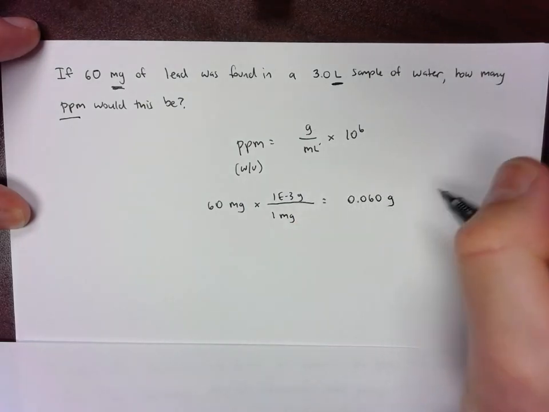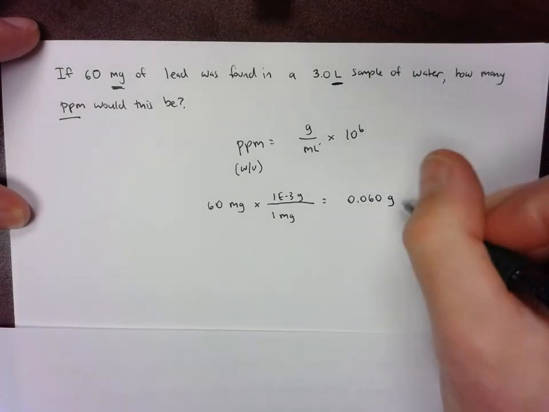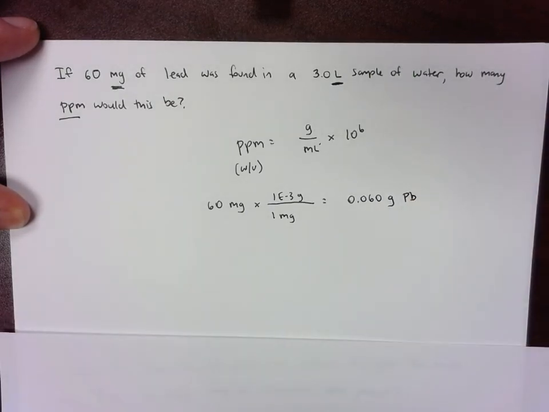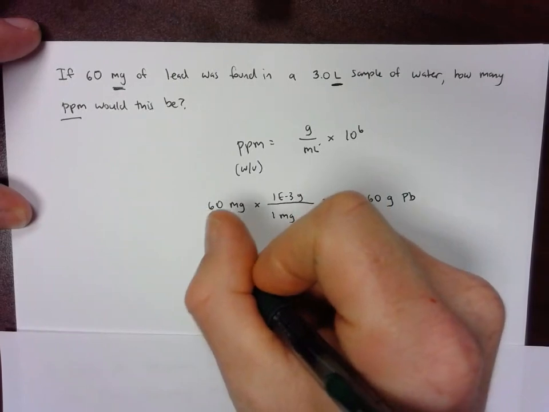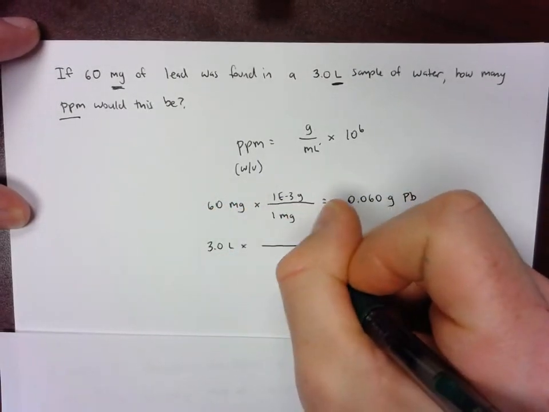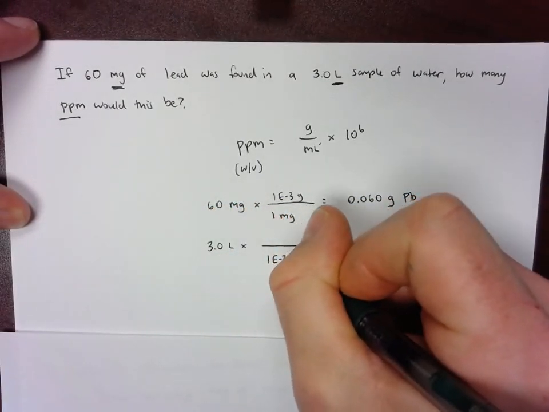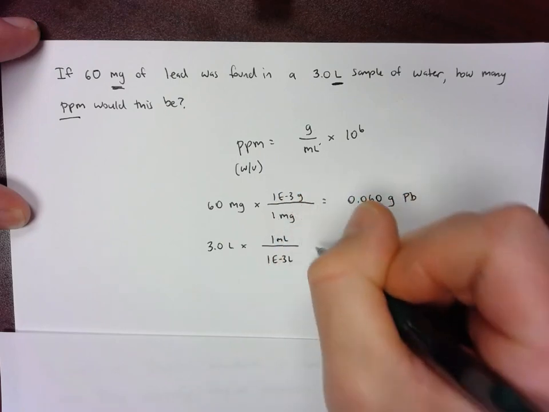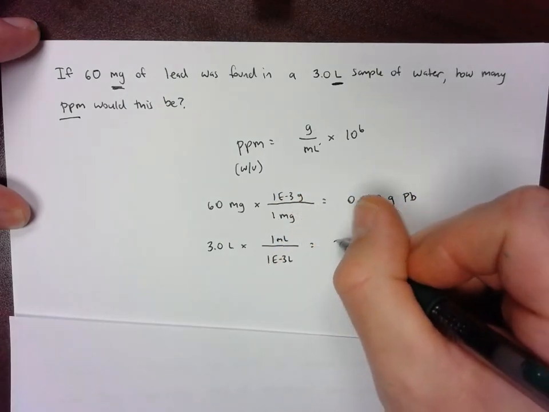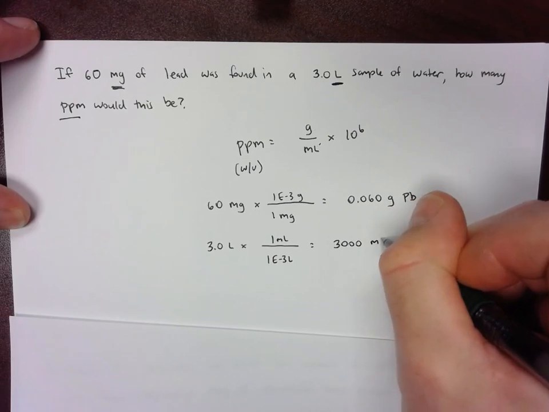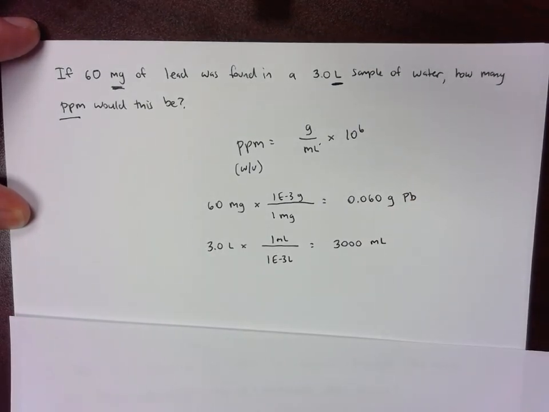Okay, 0.060 grams of lead. And then we'll do the liters, 3.0 liters to milliliters. Just going to be 3,000 milliliters.